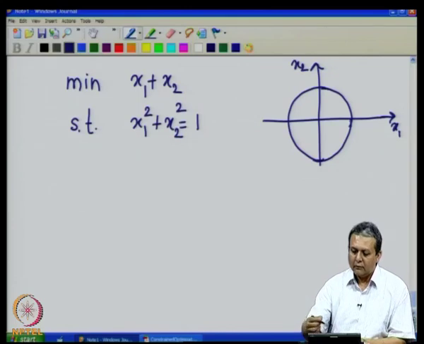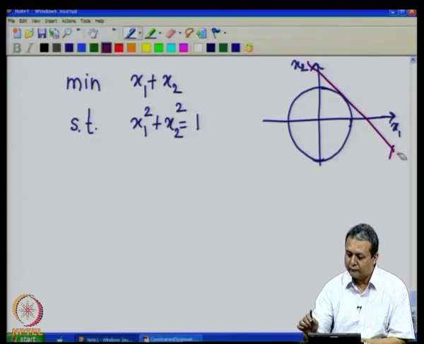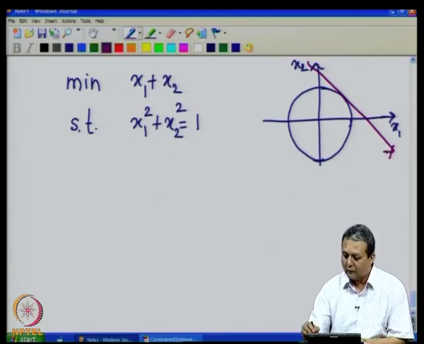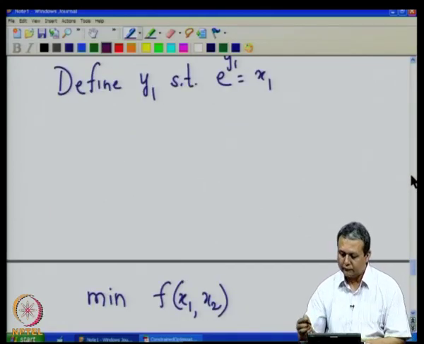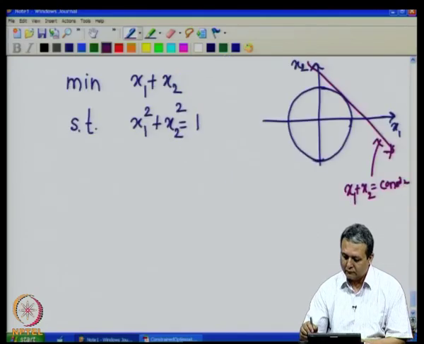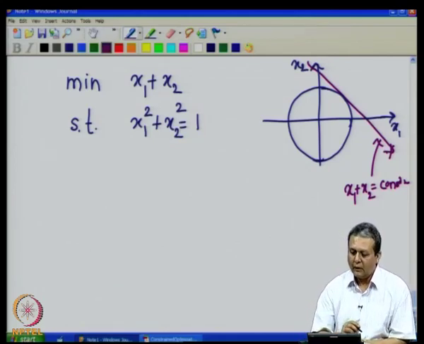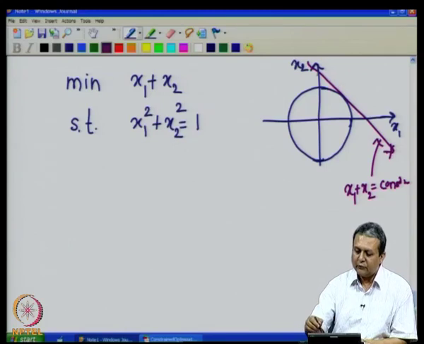And the objective function is x1 plus x2 is equal to constant. Now, we want to minimize this objective function.